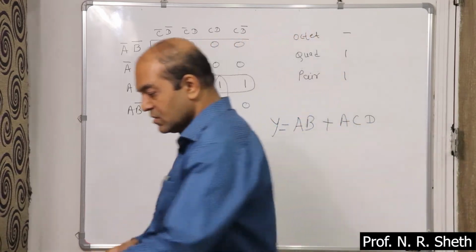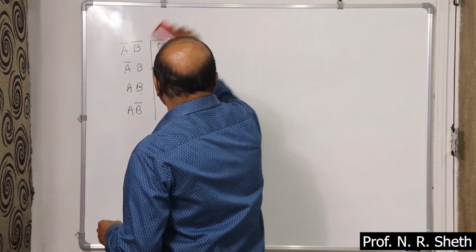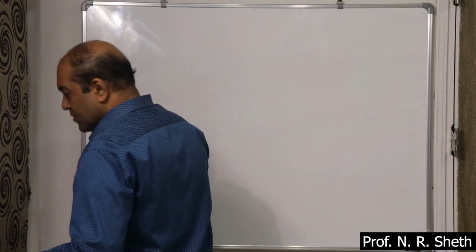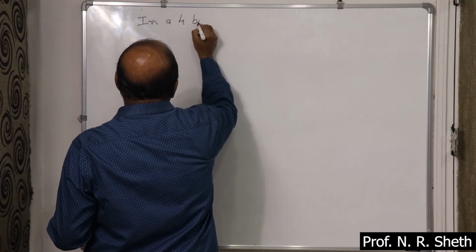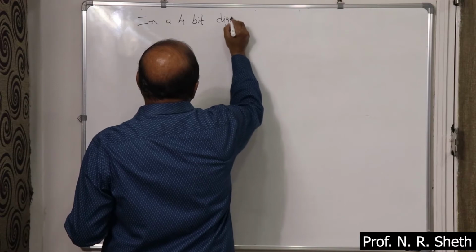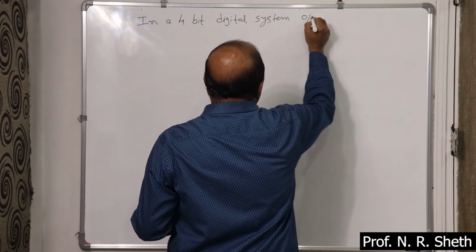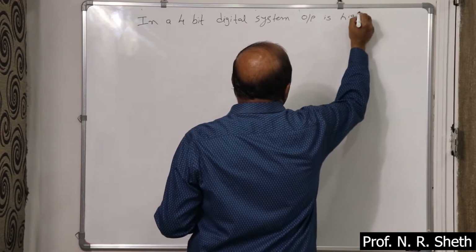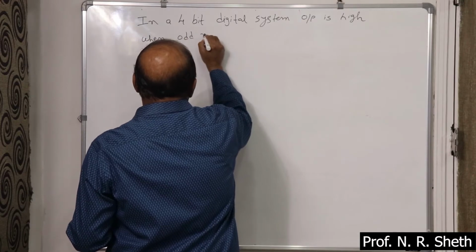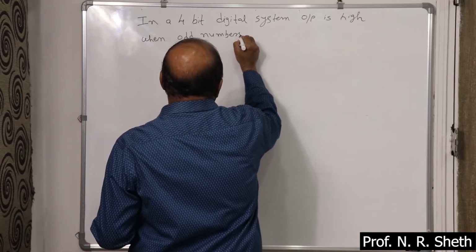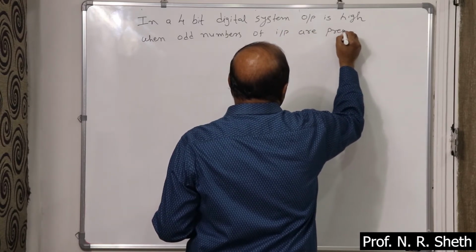Suppose in a 4-bit digital system, output is high when odd numbers of input are present.